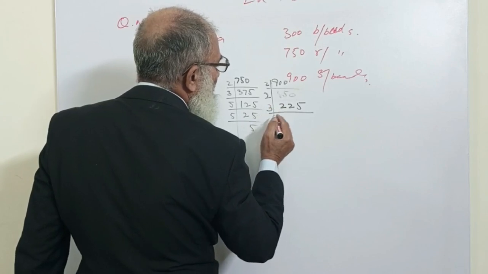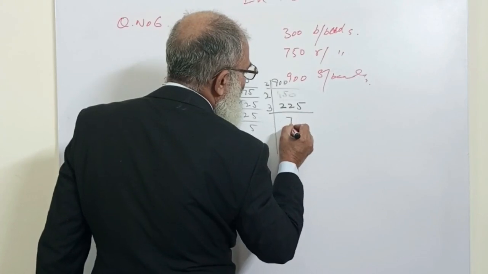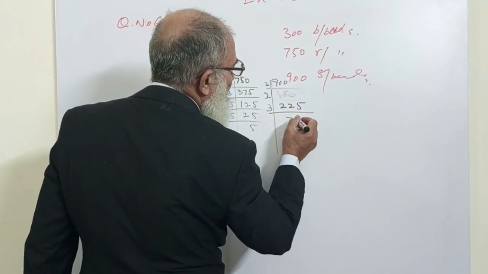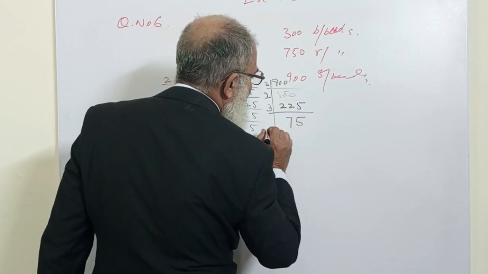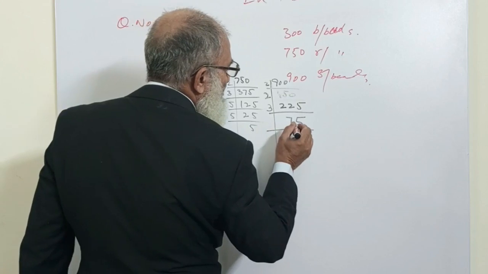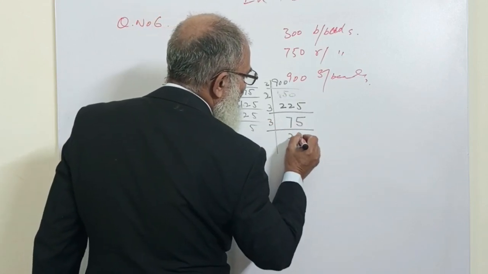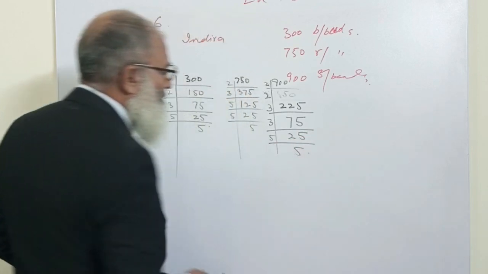So I have to divide it by 3. 3 7s are 21, 1 comes out and what is left is 75. Again for 3 times, 3 2s are 6, 3 5s are 15. And this is the outcome.